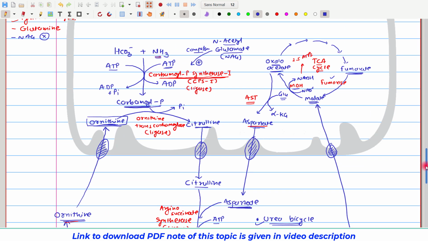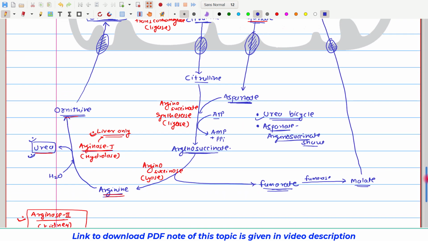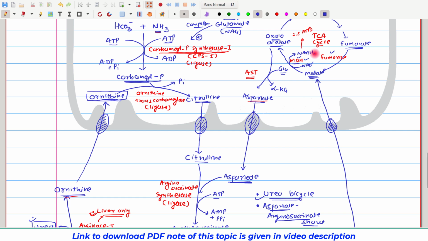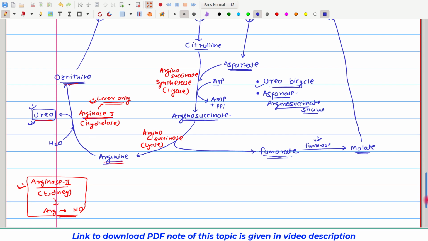Now what happens? See, the isoforms of both fumarase and malate dehydrogenase are also found in the cytosol, and one of the isoforms, fumarase, we had seen over here. Similarly, a malate dehydrogenase isoform is also found in the cytosol.